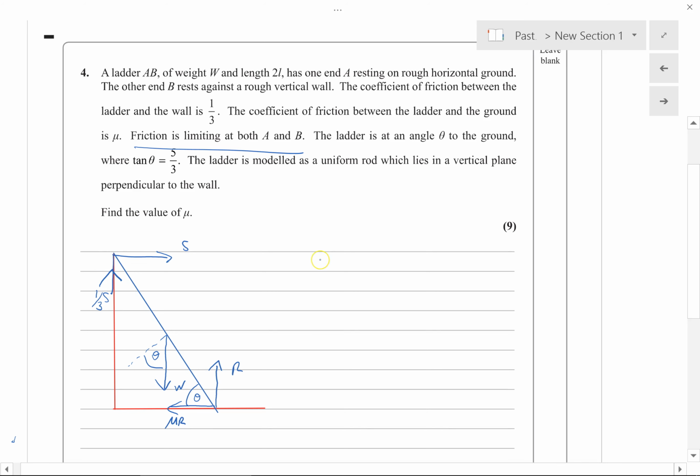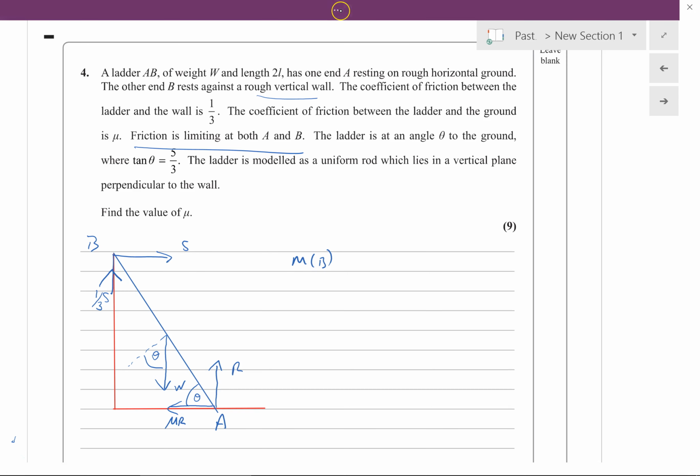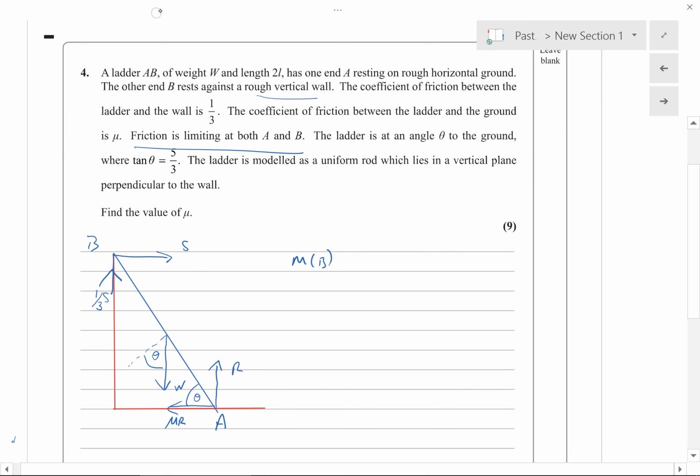Let's do the moments equation first though, and we'll take moments about the, it doesn't actually say which is the top. The other end, B, is against a rough vertical wall. So yeah, B is the wall. So let's take moments about B. Now I'm going to draw on the components here just to make it abundantly clear.